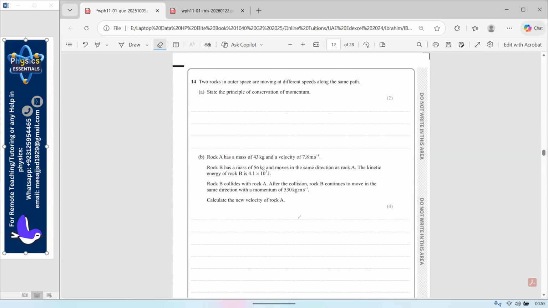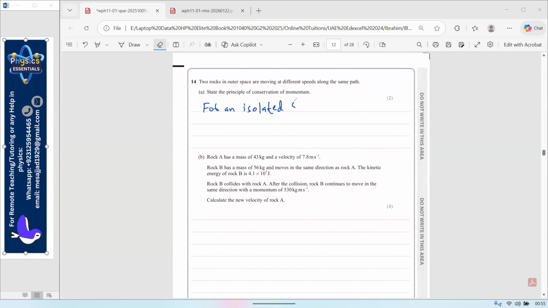Two rocks in outer space are moving at different speeds along the same path. State the principle of conservation of momentum for an isolated system. This is 1 mark.